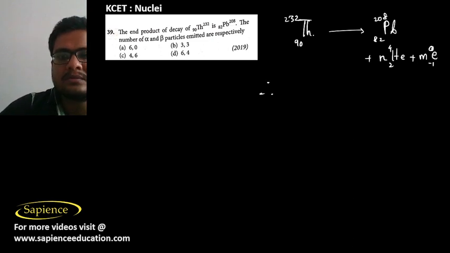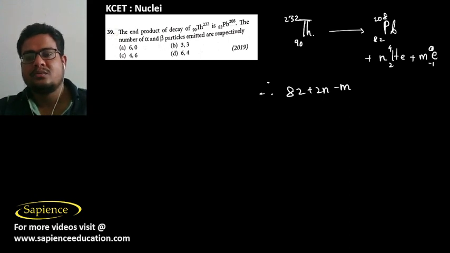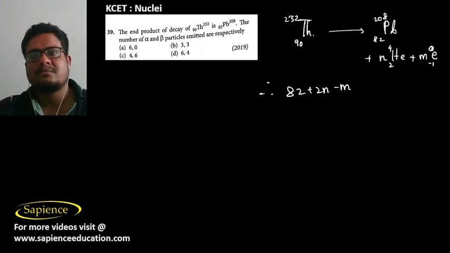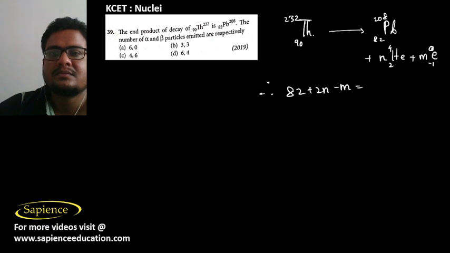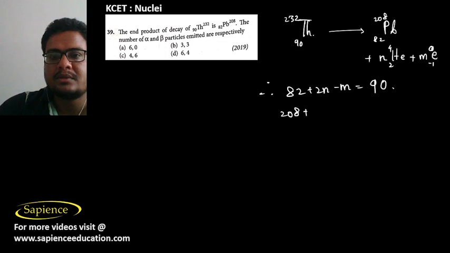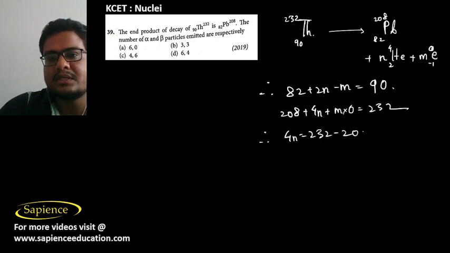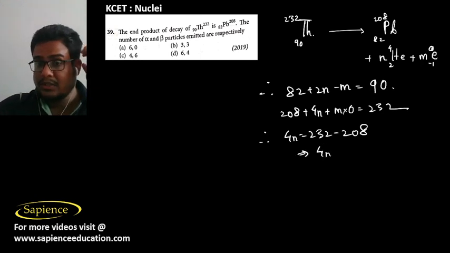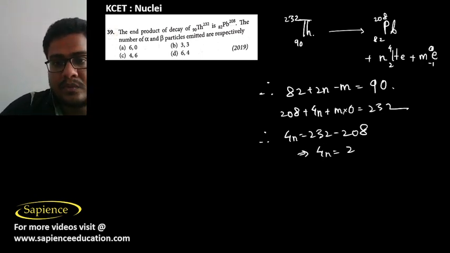Therefore, I can say that 82 plus 2n minus m is equal to 90, and 208 plus 4n plus m into 0 is equal to 232. Therefore, 4n is equal to 232 minus 208, so 4n is equal to 24, n is equal to 6.